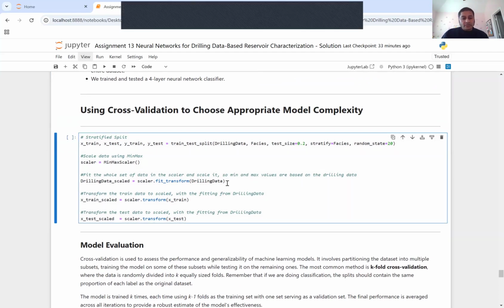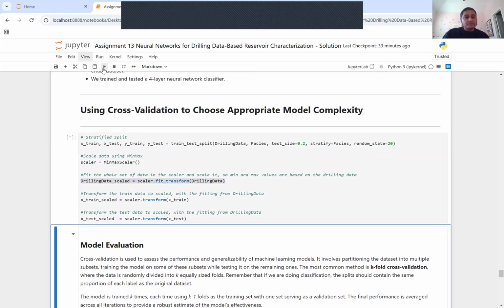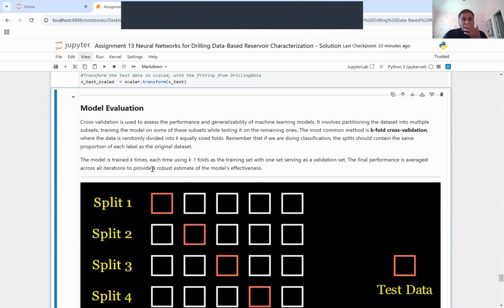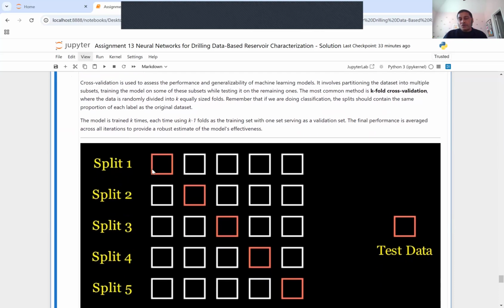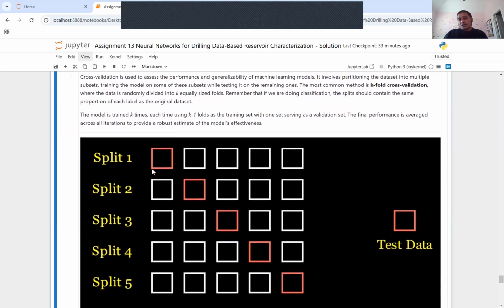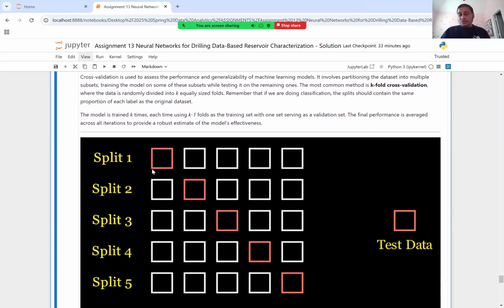So I'm going to scale my input drilling data, and we're going to be using 5-fold cross-validation. Now for 5-fold cross-validation, this is what the setup looks like. I'm going to use a stratified split and break up my data set randomly into 5 different folds, so I end up with 5 different subsets of the data.